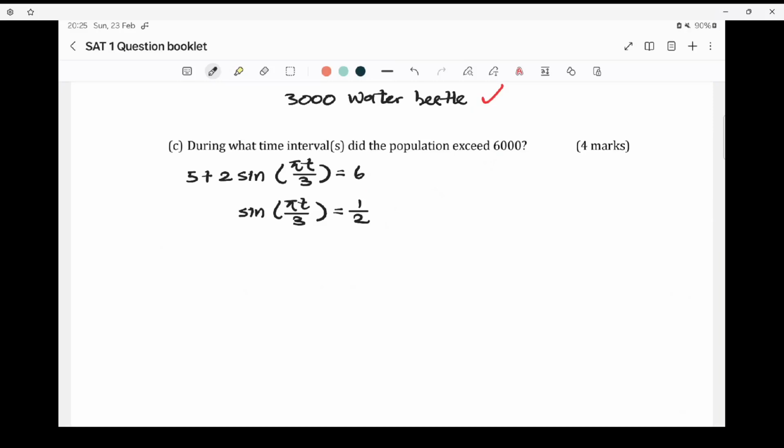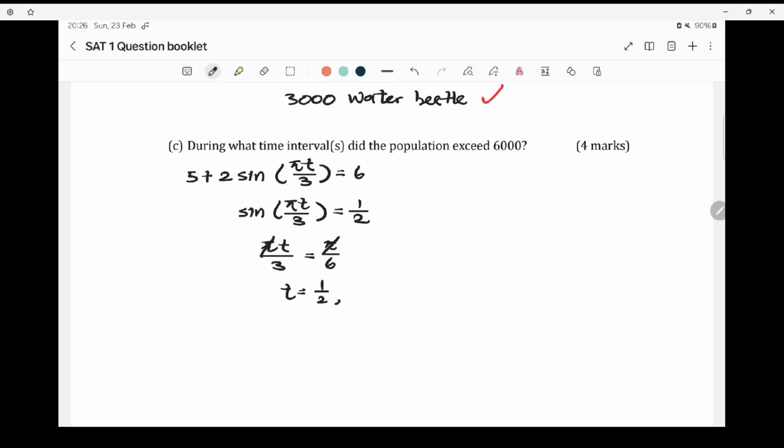So it is better that I find all the t intervals and then I identify which one is greater than 6,000. So inverse sine of 1 over 2 will give you pi over 6. So I can simplify the pi, so t would be 1 over 2.